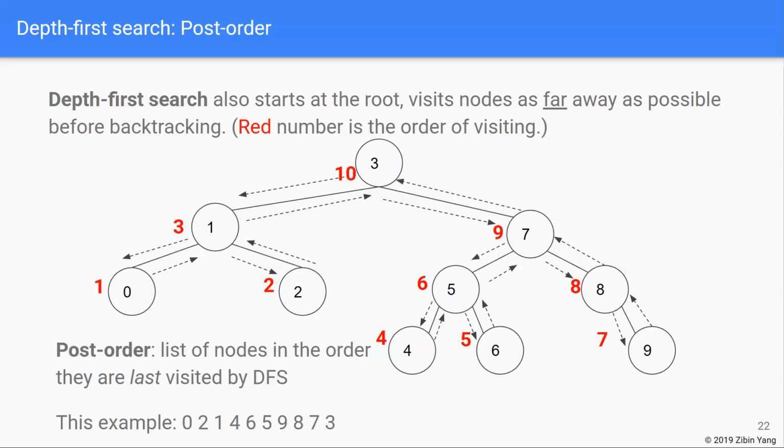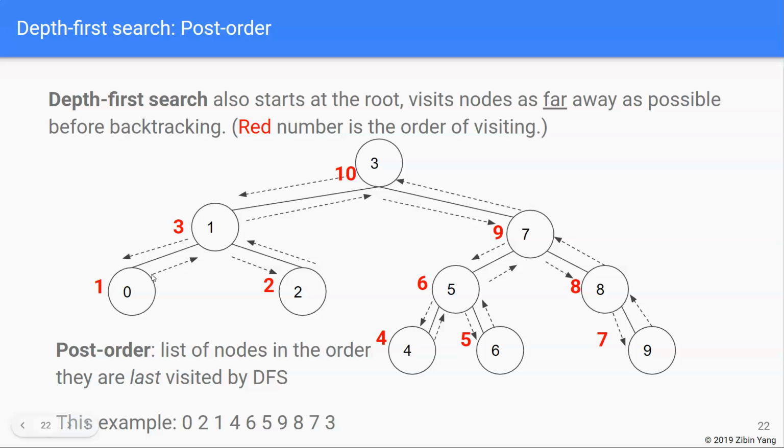The second order is what's called the post-order, and intuitively it visits the children nodes first. A little more formally, pre-order is the order in which the nodes are first visited by DFS, while post-order is the order in which the nodes are last visited by DFS. So the node containing 0 is the first one that's last visited, right?